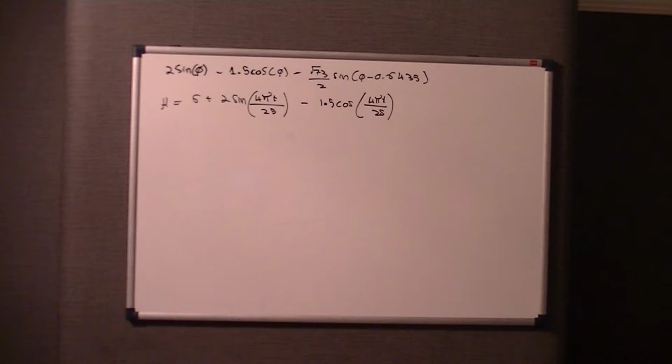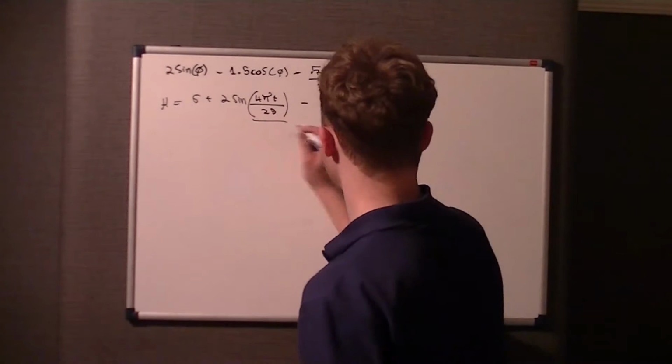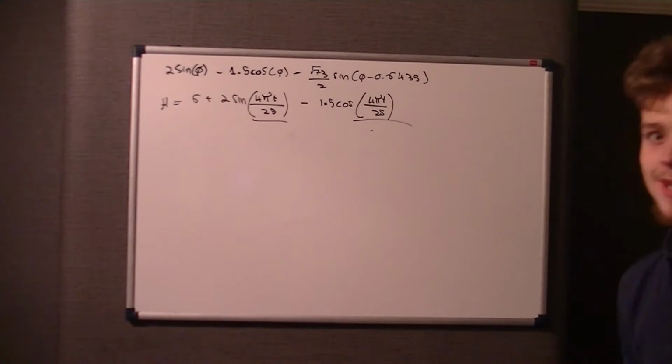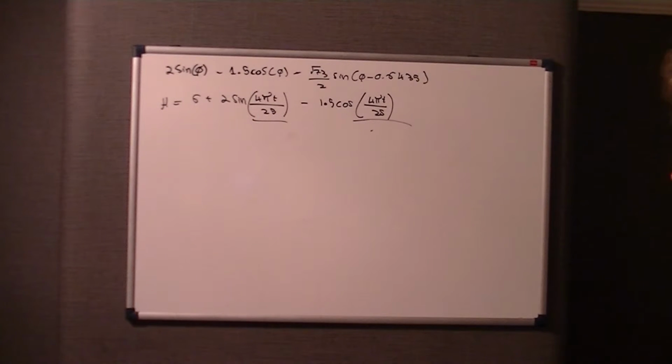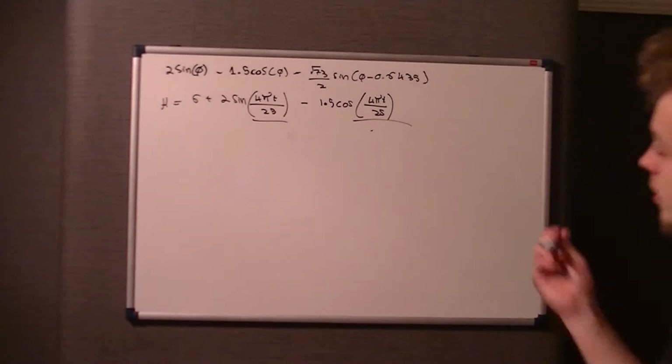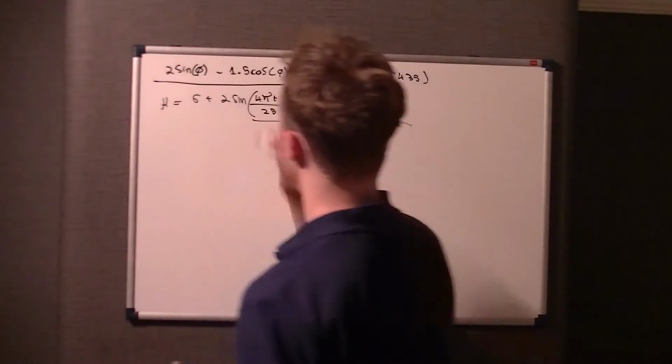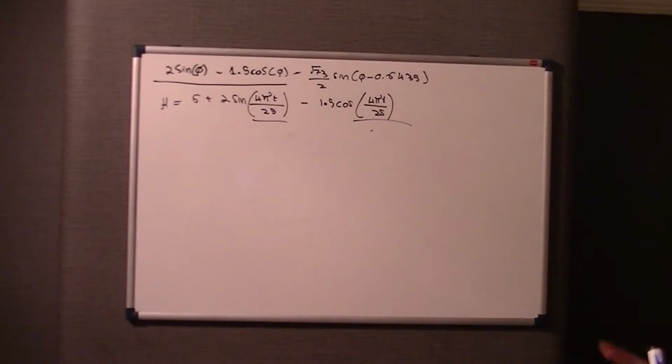Now you may be thinking, oh my god, what do these things mean? It looks ridiculous, I'm never going to do that. Well, look at the equation above: 2 sine theta take 1.5 cos theta.